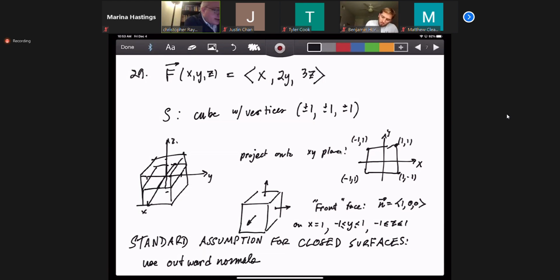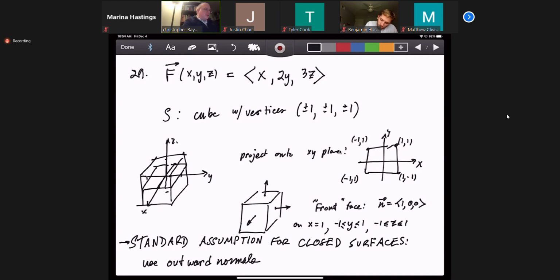Okay. You could obviously use the inward normals, so that would just be -1 times all the normals we mentioned. But here there's nothing contradicting the standard assumption, so we're going to think about using the outward normals.